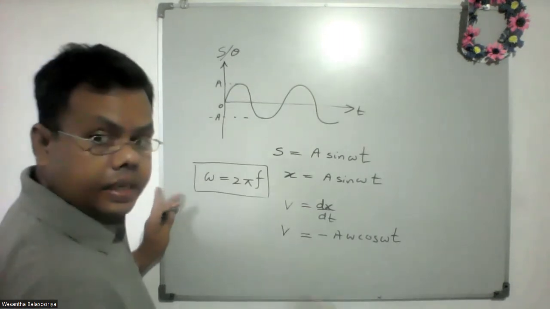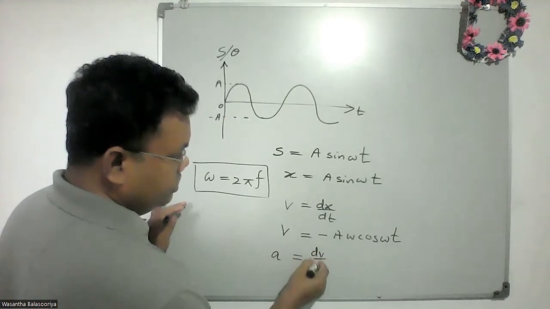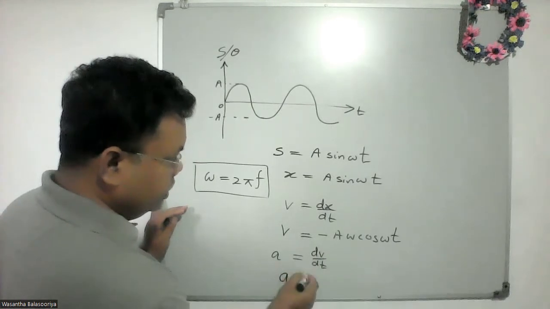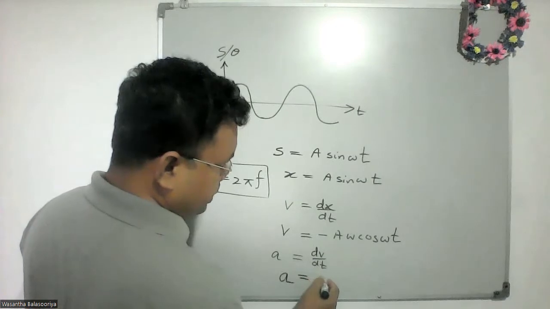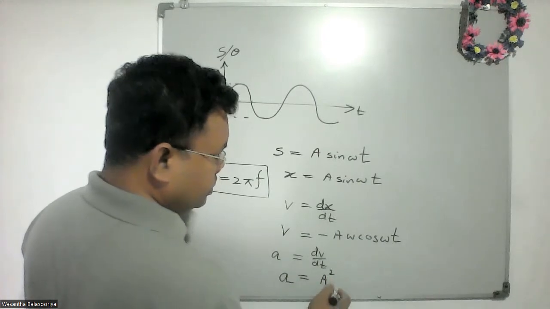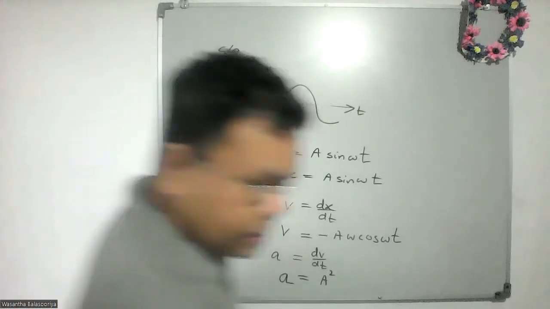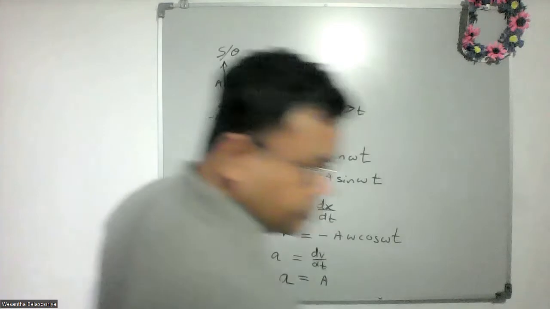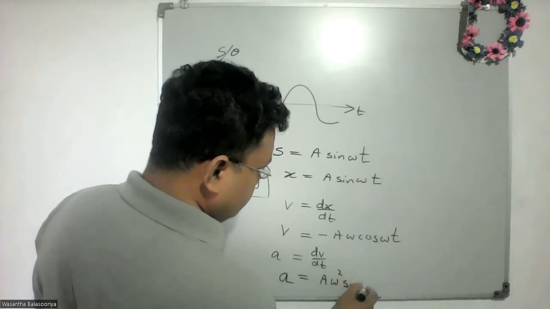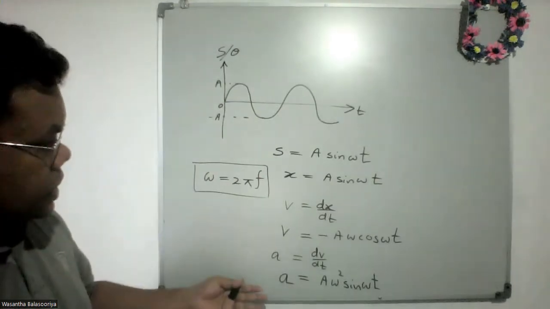And the acceleration is dv by dt, that is the rate of change of velocity. So x displacement is A sine omega t.